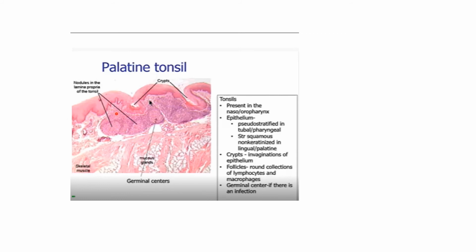And crypts are surrounded by the follicles, which are rounded collections of lymphocytes, which have macrophages, plasma cells, as well as B and T lymphocytes. And in case of an infected tonsil, you can see the germinal centers, which are present in cases of infection.